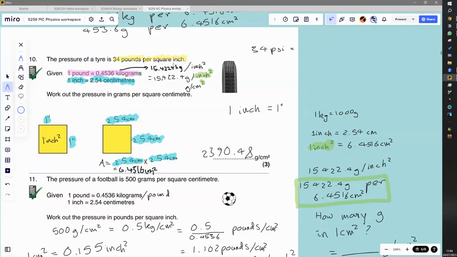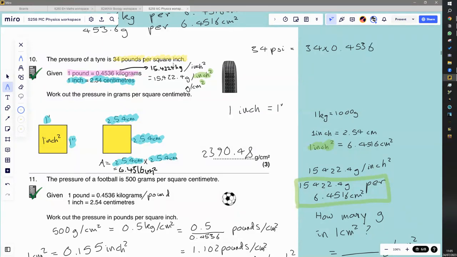If it's that many pounds per square inch, how many kilograms per square inch will it be? Well, each pound is 0.4536 kilograms. So to turn it into kilograms per square inch, I'd multiply it by 0.4536. So 34 times 0.4536. I've already done all this.